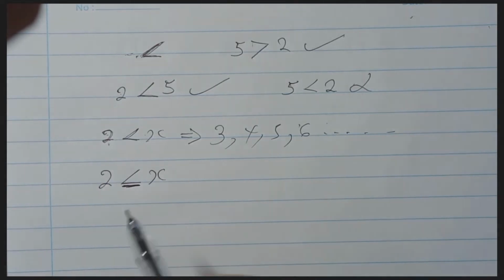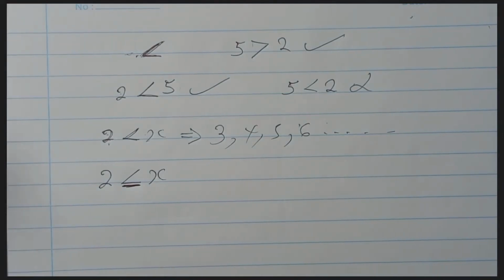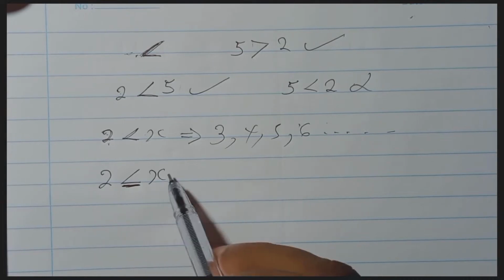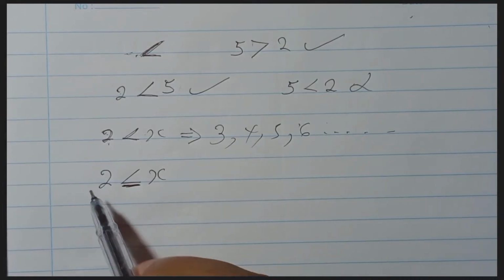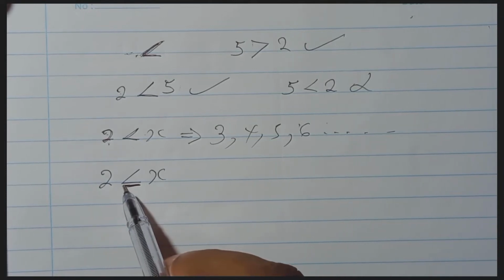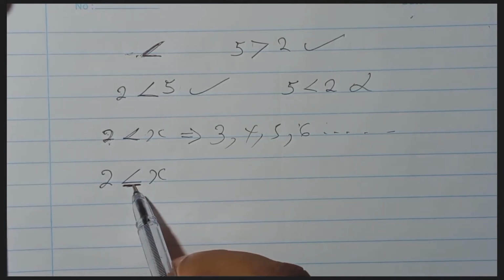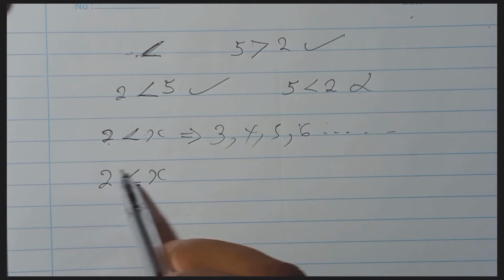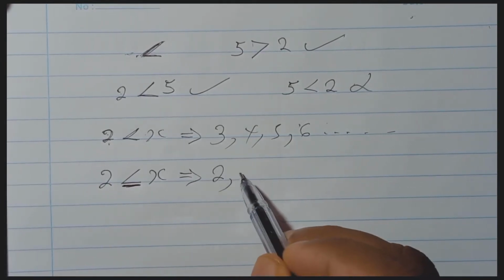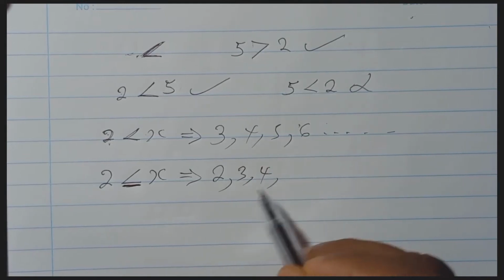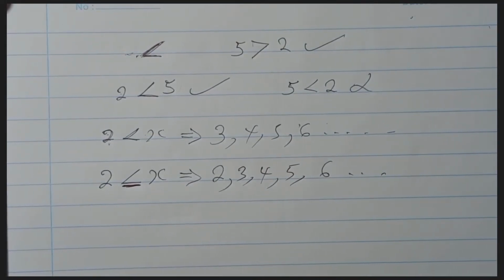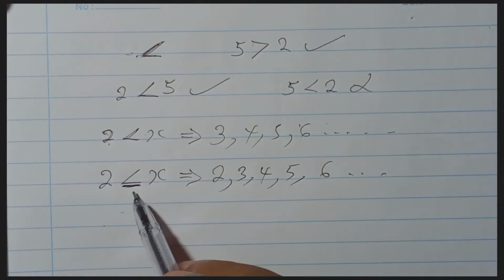If x equals 2, that's also okay with this dash. Without it, x must be greater than 2, but with the dash it includes 2 also. So your answers will be 2, 3, 4, 5, 6, and so on, right? Remember this idea. This is very important.